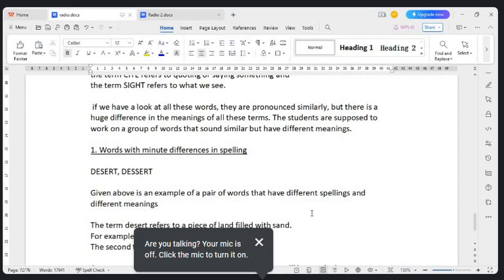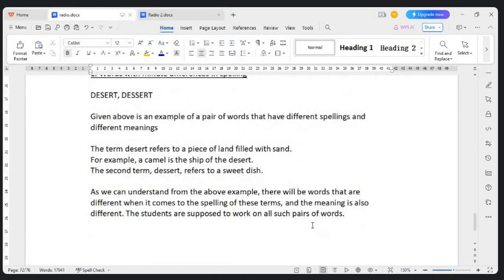The second term, DESSERT, refers to a sweet dish. As we can understand from the above example, there are more words that differ in spelling and meaning. Students are supposed to work on all of these pairs of words.